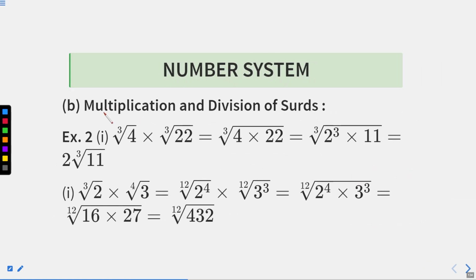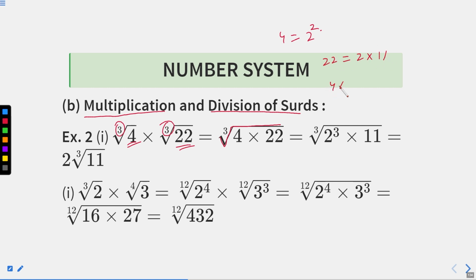Now, operations like multiplication and division of surds. Multiplication and division only happen when the order is the same. So here the order is the same, so I can multiply 4 and 22 easily. 4 times 22, I can write 4 as 2 squared and 22 as 2 times 11.